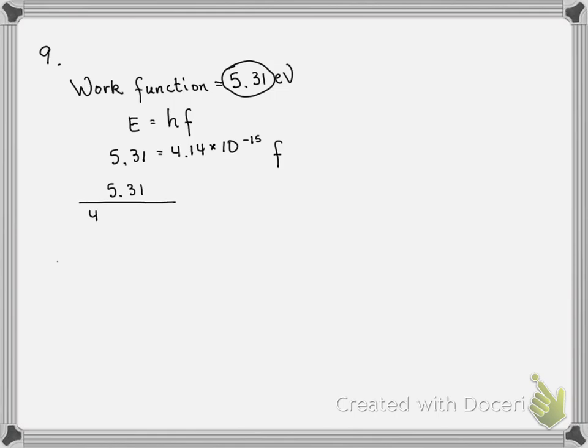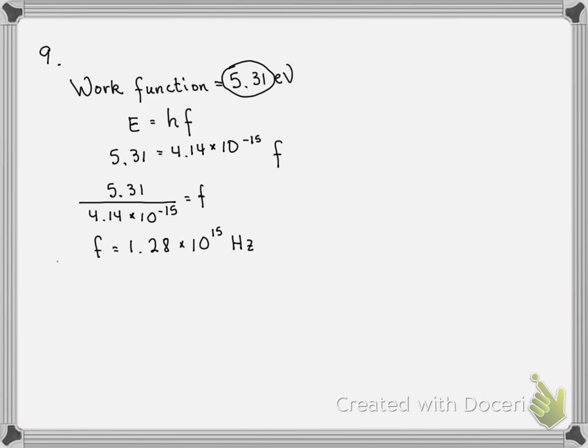So we are going to divide, and we have 3 significant digits in the numerator, and 3 significant digits in the denominator, which is going to give us a frequency of 1.28 times 10 to the 15th hertz. That answers the first part, number 9.